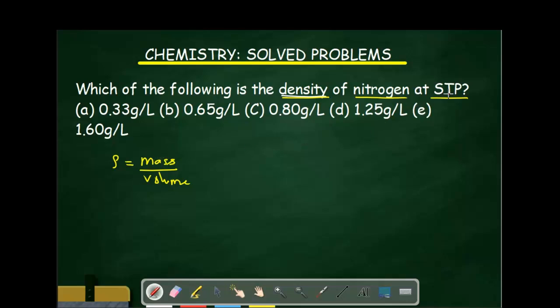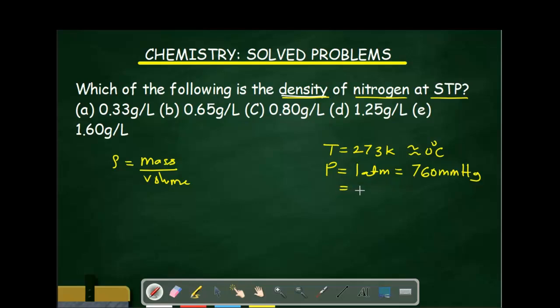Now, what is standard temperature and pressure? The standard temperature is approximately 273 Kelvin, or 0 degrees Celsius. And the standard pressure is 1 atmosphere, or approximately 760 millimeters of mercury.